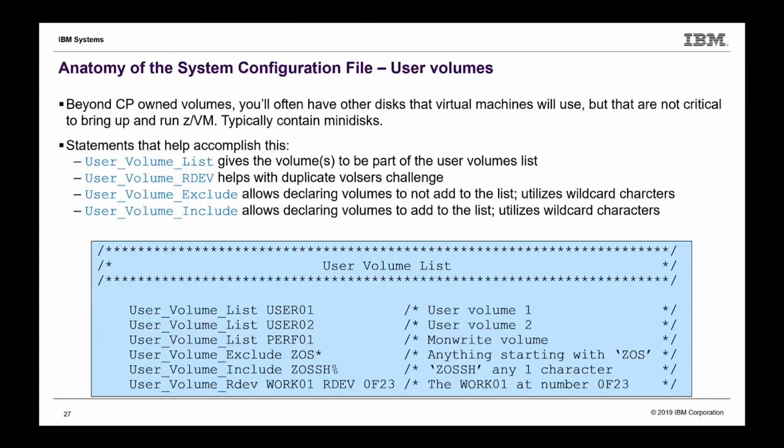Well, I want to make sure the right one is associated here. Now, cluster would probably be a bad example because those are going to be shared anyway, but maybe they're discrete systems. Maybe it's between production and test and dev. So I can specifically pick up the one I want there, not rely strictly on the volser. Okay. So again, in our cases, we're probably going to just rely on the user volume list statement, but there's lots of different ways of approaching this.